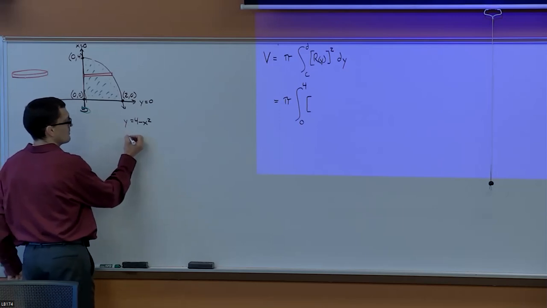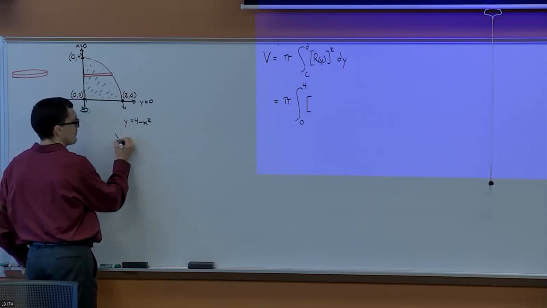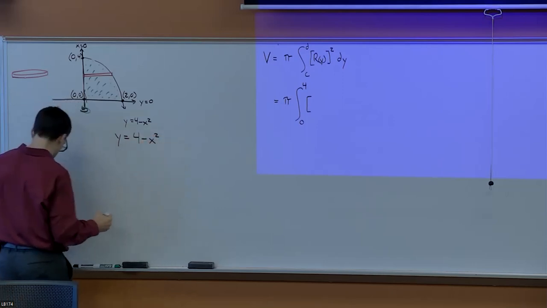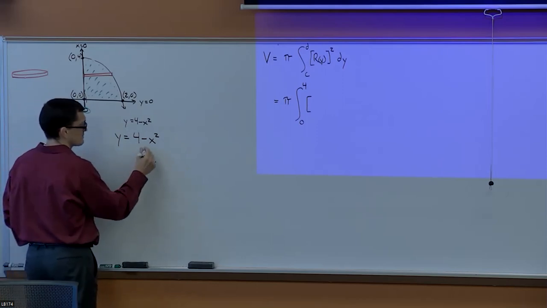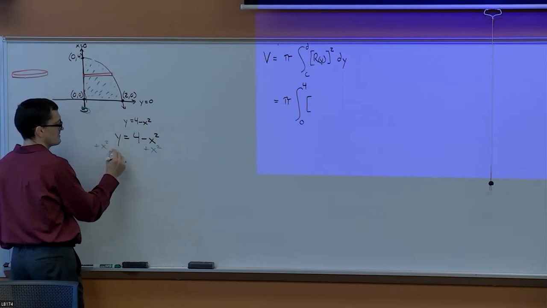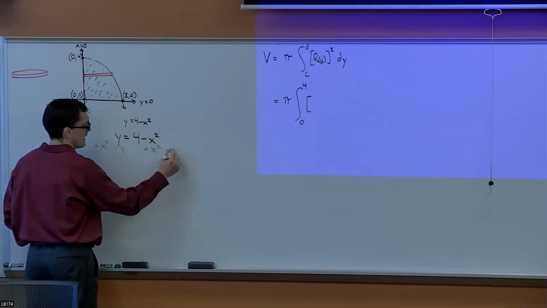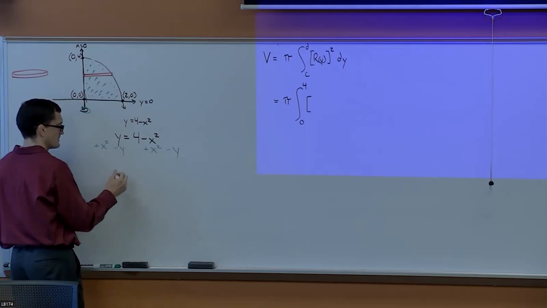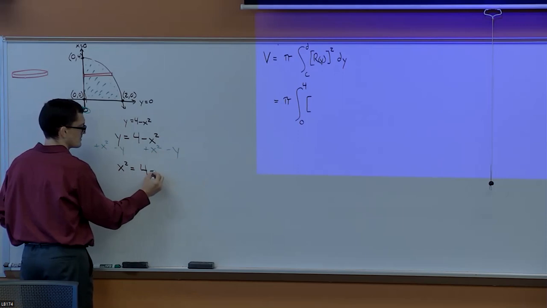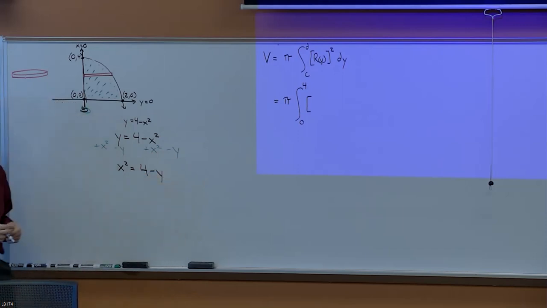So what I would do with my y equals 4 minus x squared, I guess I'll add x squared to both sides to get x squared on the left-hand side, and then I'll subtract y. Now, normally I can't just take the square root of both sides because I have to take the positive and the negative square root, right?